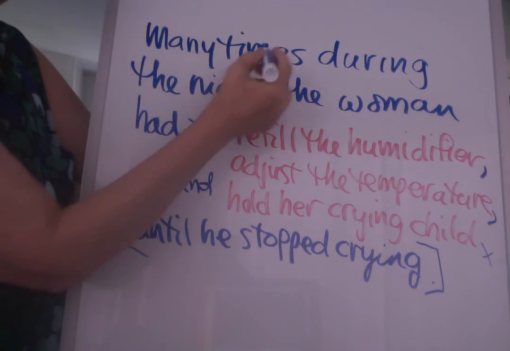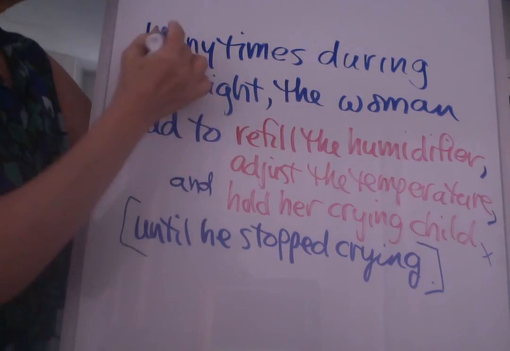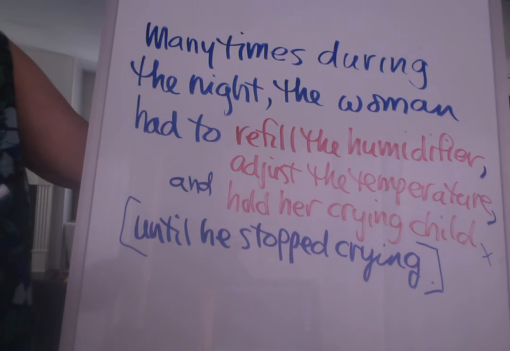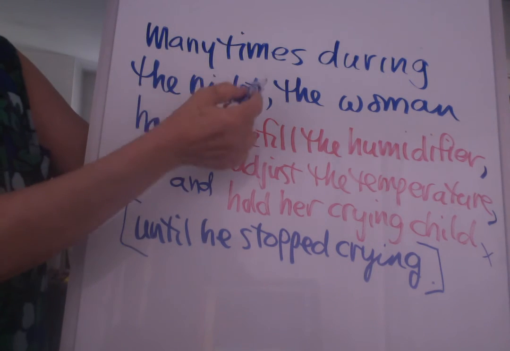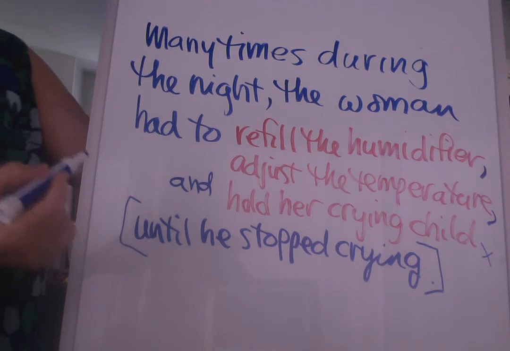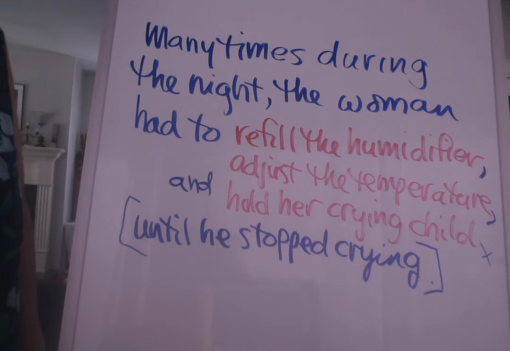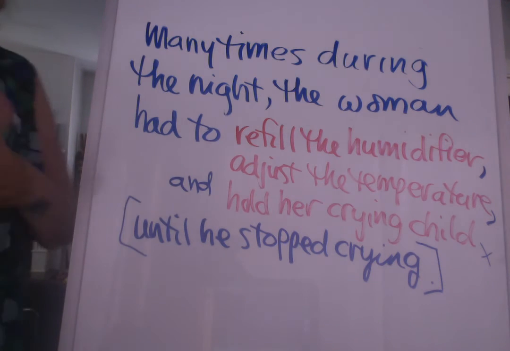And we also want to put a comma here because, as we studied in other lessons, this is an introductory phrase, so we want to put a comma after it. All right, so let's take a look at how these are parallel.